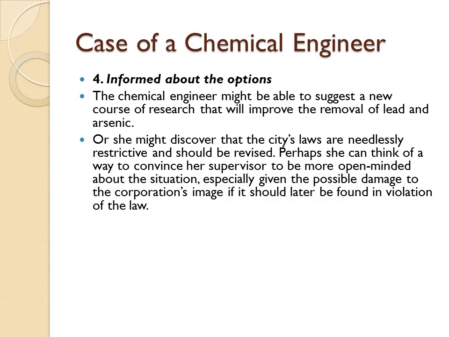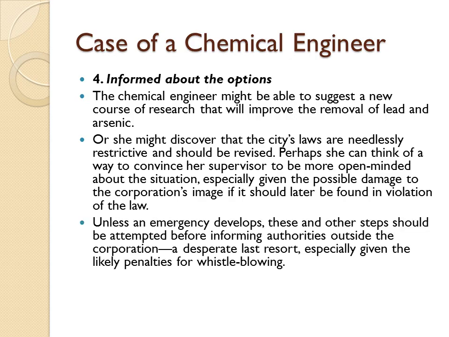This is also possible, that the laws the city has given are not workable. Perhaps she can think of a way to convince her supervisor to be more open-minded about the situation, especially given the possible damage to the corporation's image if it should later be found in violation of law. She can also convince her supervisor, if she thinks the supervisor is wrong. So these are all possible options.